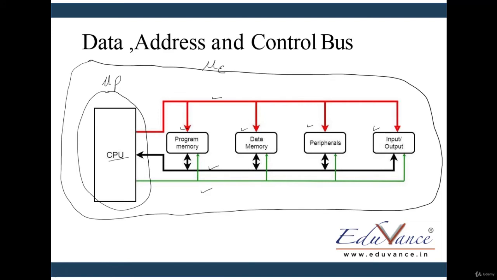Now let us look at what the important processes are. First is to collect the data. Data is not only the processing data, but program is also one kind of data.